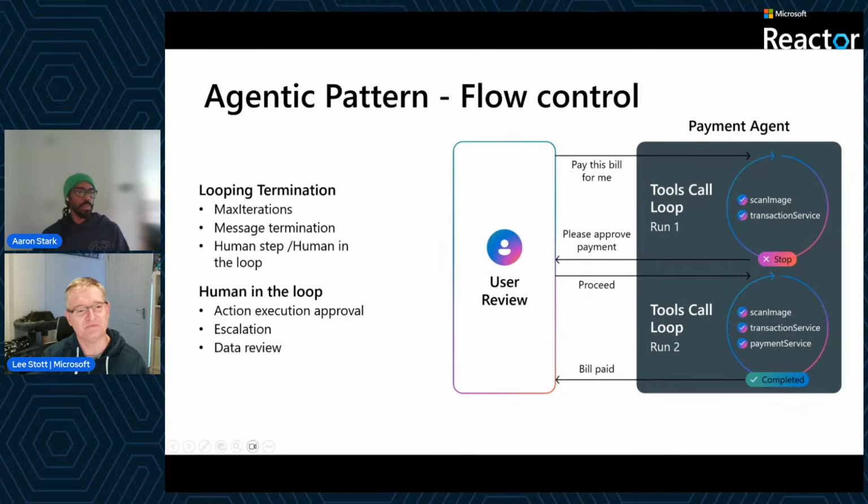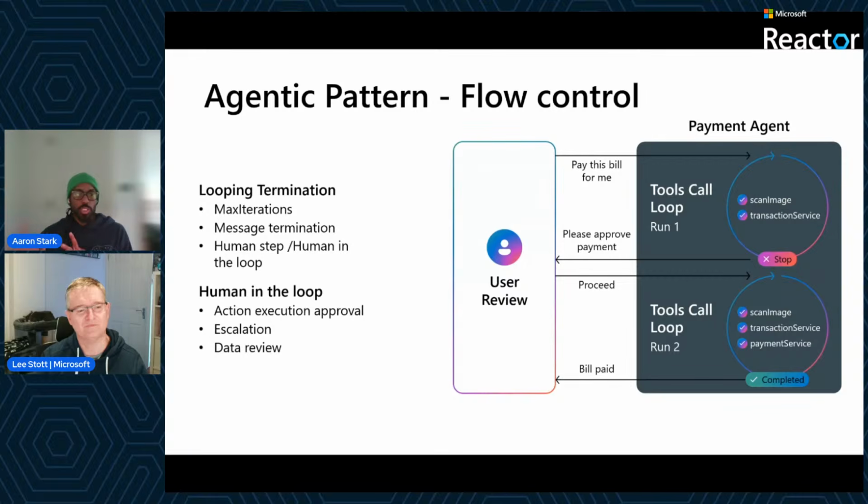Oh, well said. With that, we are also talking about flow control for this next, and I think last, agentic pattern we have, specifically the human in the loop element. Even in a highly autonomous agent or a complex multi-agent orchestration, you're going to need safety valves, exactly what you said. We need to make sure we are considering security, which will impact how we think about the overall agent deployment and how they work with us.